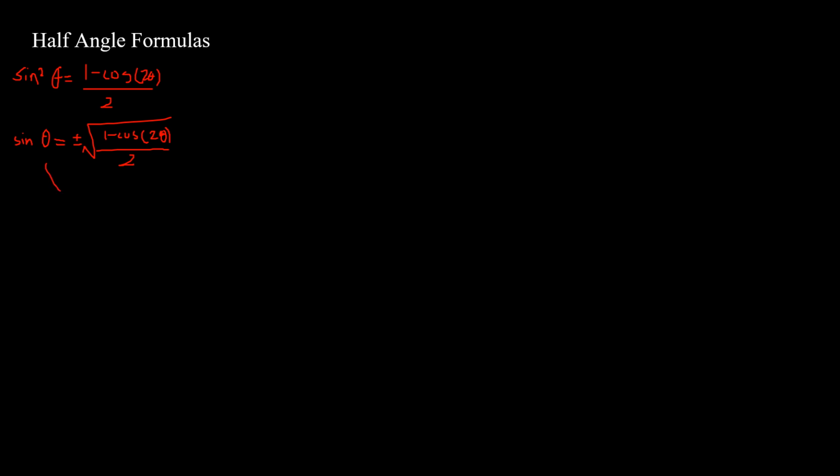So the critical idea is what happens if theta is exactly half of an angle we know.